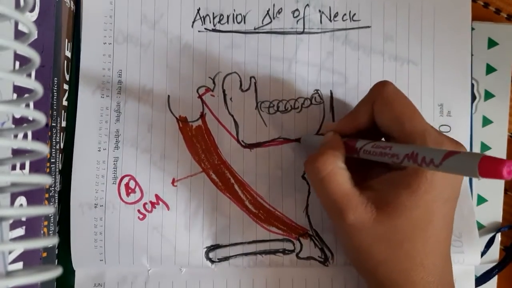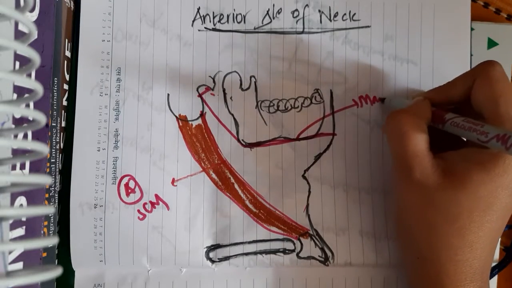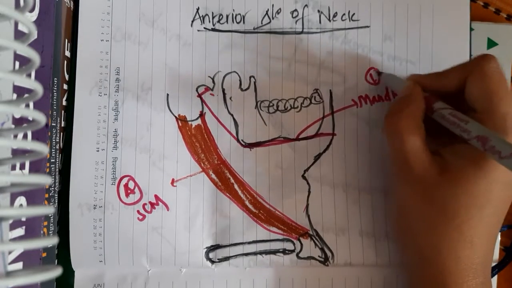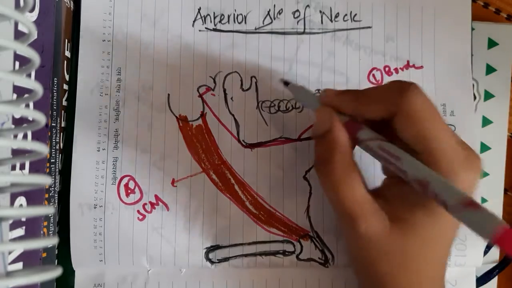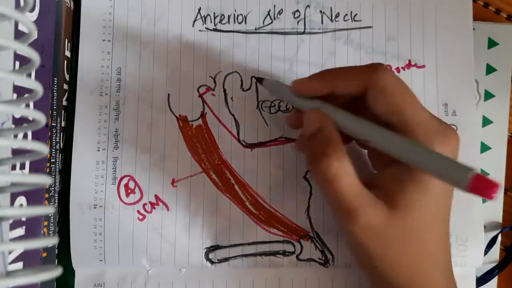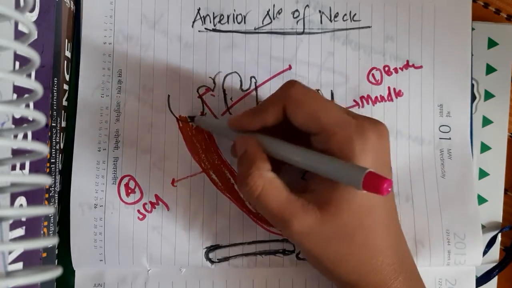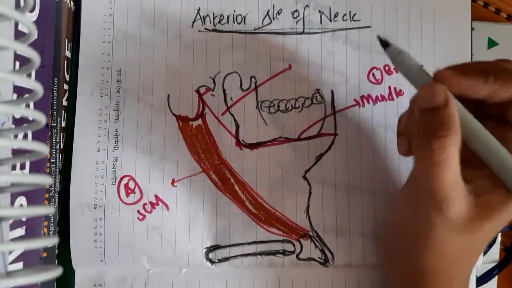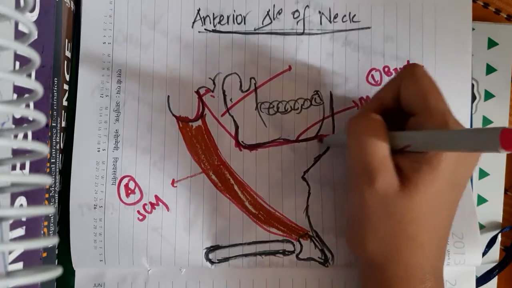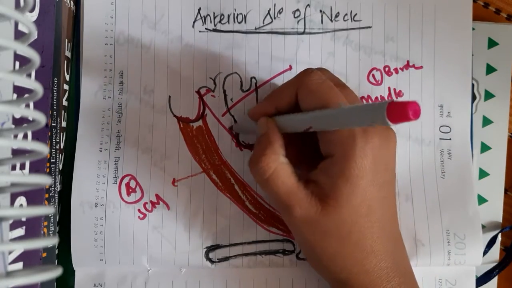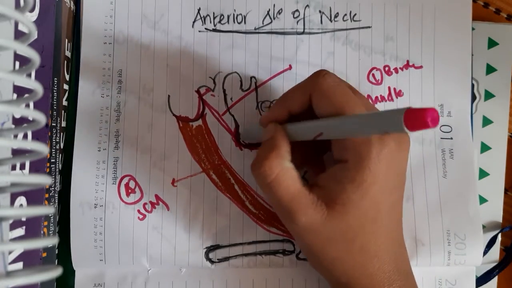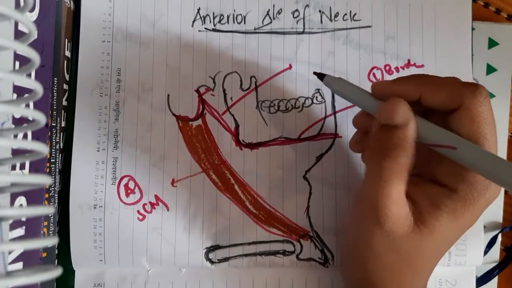This is nothing but the lower border of mandible, and it is also bounded by the line which is extending from the angle of mandible. This is the mastoid process, and the base is formed by the mandible and the line extending from the body of mandible to the mastoid process.